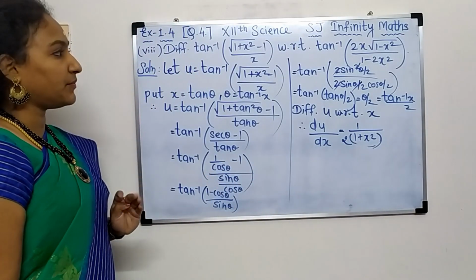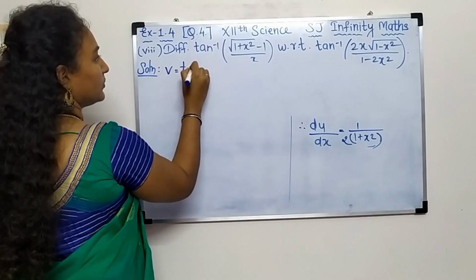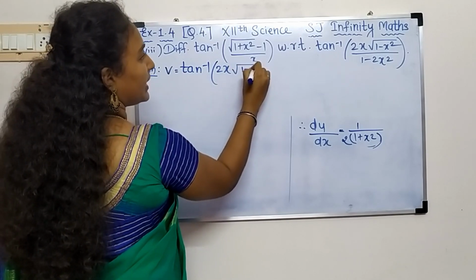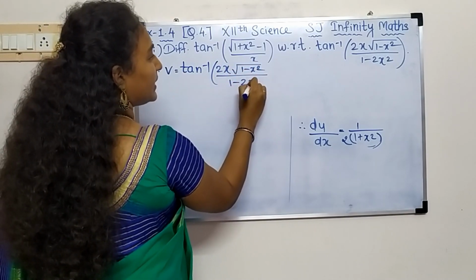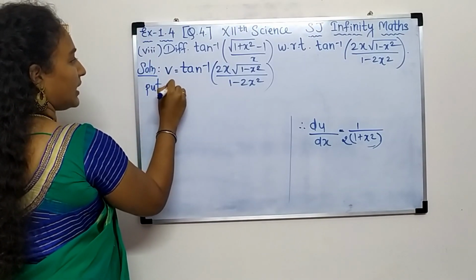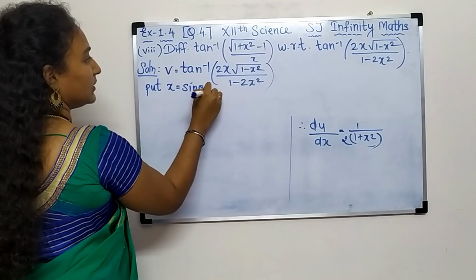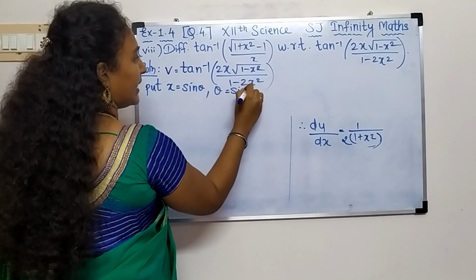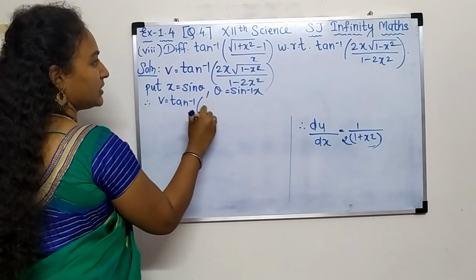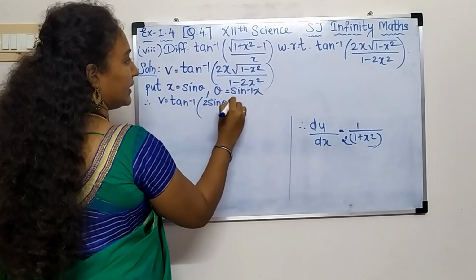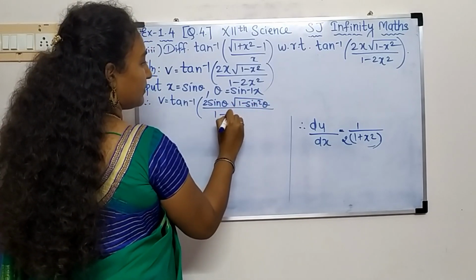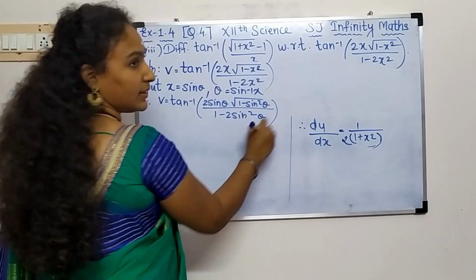Now we can solve for v. So v equal to tan inverse 2x root 1 minus x square upon 1 minus 2x square. Now we can put x equal to sin theta. So theta is sin inverse x. V equal to tan inverse 2 sin theta root 1 minus sin square theta upon 1 minus 2 sin square theta.